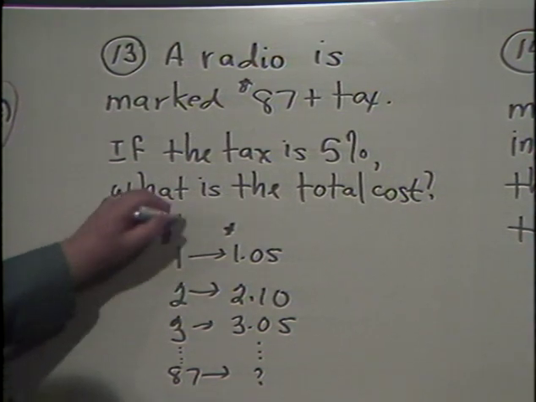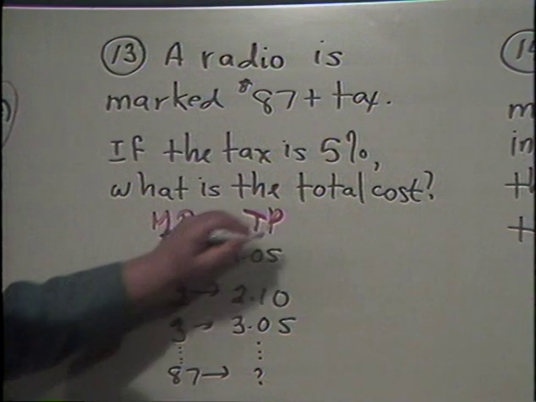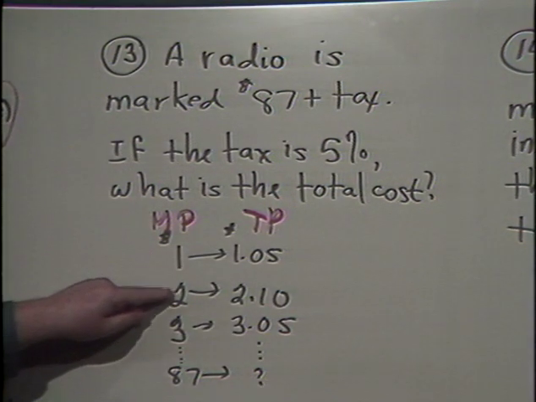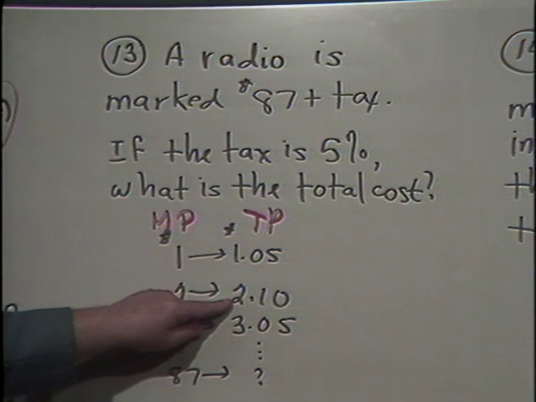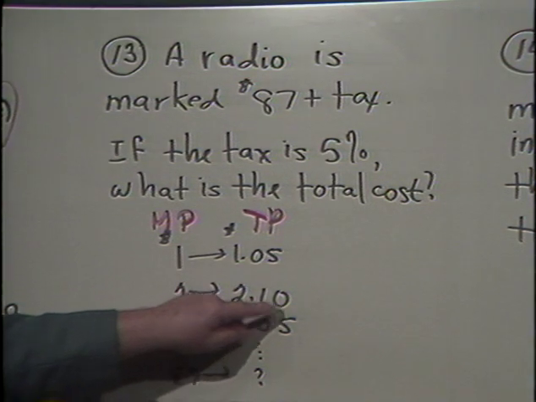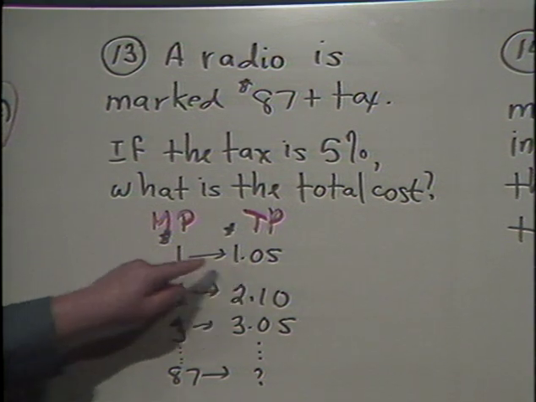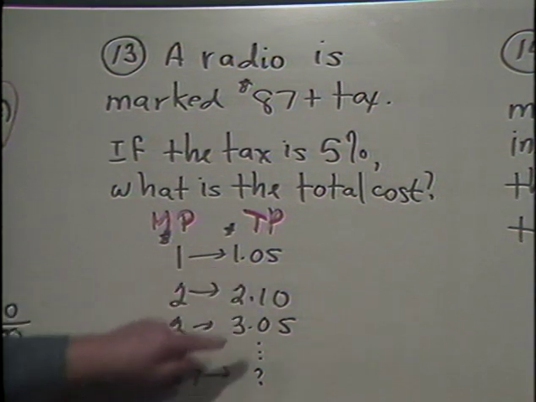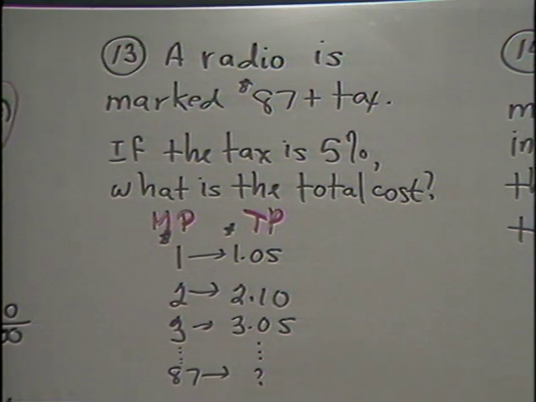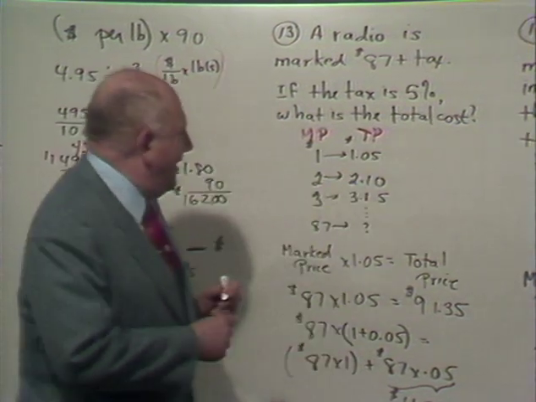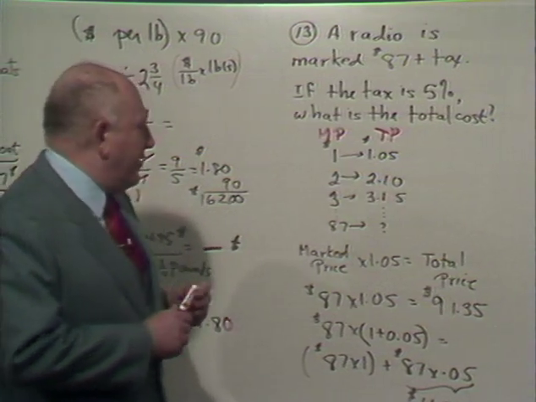So if the marked price is $1, the total price is going to be $1.05, right? So if the marked price is $2, you're going to pay $1.05 twice, which is $2.10. If the marked price is $3, for every dollar you're paying $1.05, so for $3 you're paying $1.05 3 times, which is $3.15.